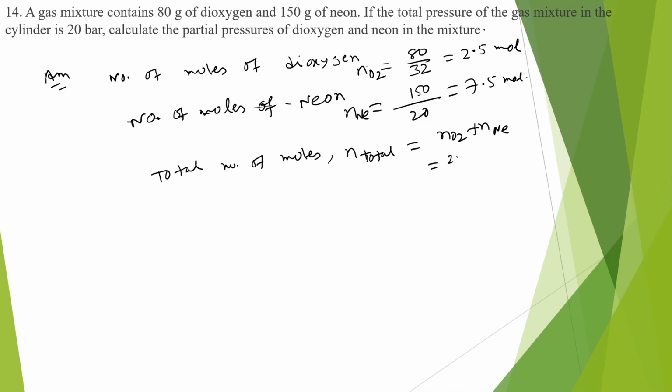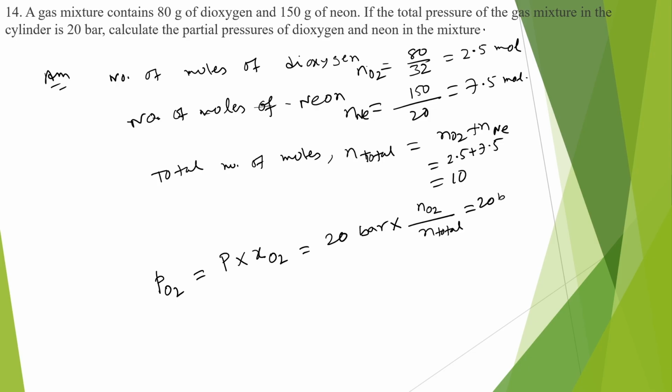This gives you 2.5 plus 7.5, so gives you 10. So partial pressure of dioxygen, P O2, is total pressure times mole fraction of O2. So total pressure is 20 bar and mole fraction X of O2 is N O2, number of moles of O2, by N total.